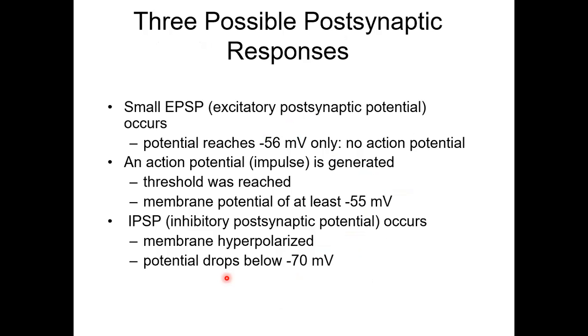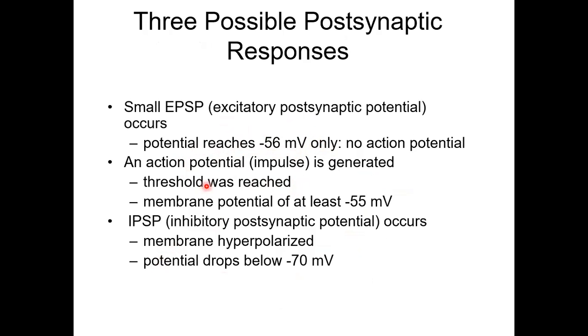So when we put this all together, the postsynaptic neuron can do 3 different things. When the excitation doesn't quite reach the threshold, the inside of the postsynaptic neuron will remain at minus 56 millivolt. There's no new action potential created. The postsynaptic neuron will stay quiet.